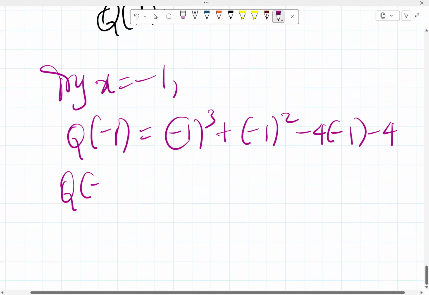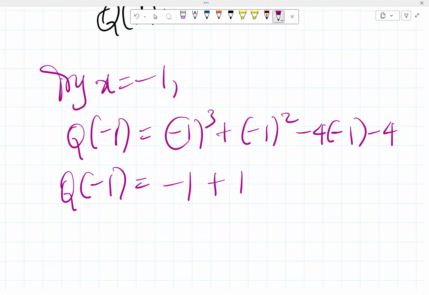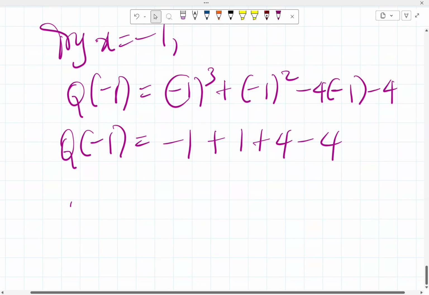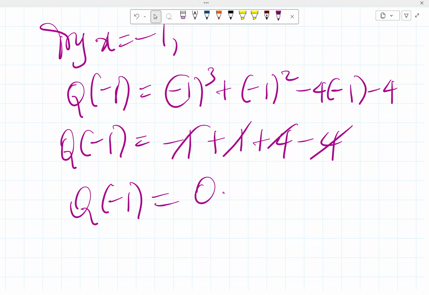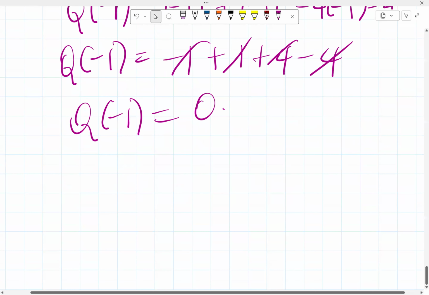So minus 1 raised to power 3 is minus 1. Minus 1 raised to power 2 is plus 1. Minus 4 times minus 1 is plus 4, minus 4. This is looking good. So q of minus 1 is simply 0. This cancels this, this cancels this. That is 0. That's happy. So on 2 tries, we get that.